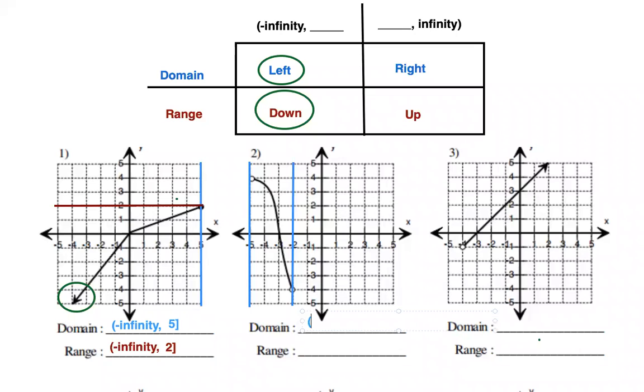So both parentheses, negative 5, negative 2. The bottom of my graph passes through negative 4, open circle. The top, positive 4, open circle. So again, both parentheses. Negative 4, positive 4.